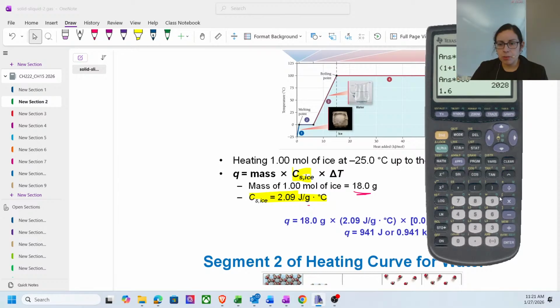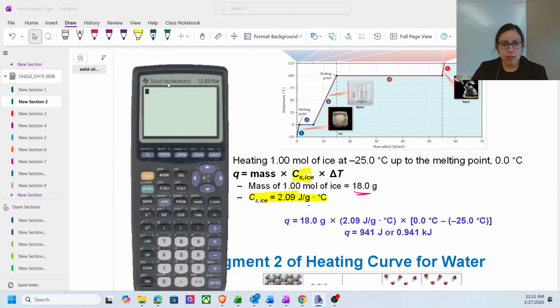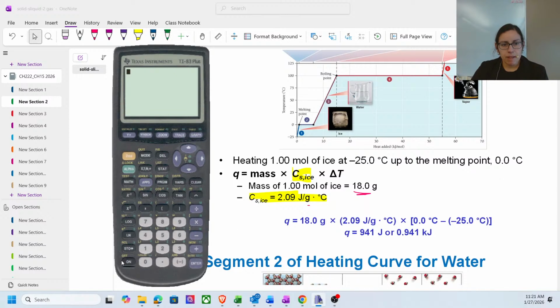And then let's just punch it in so we're all on the same page. And again, just watch these units. They could be given in moles or something later, so I can't guarantee anything. So 18 times 2 times 25. Oh, I guess the 2.09 really mattered.